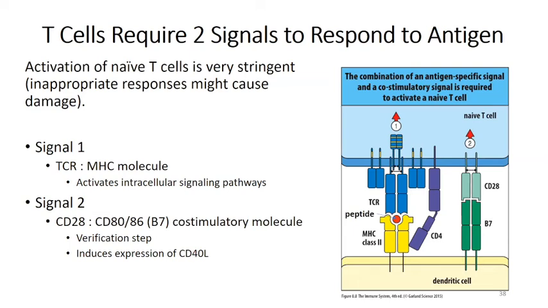One of the consequences of that is that the T cell starts to produce CD40 ligand. It's a very important molecule. Signal 1 and signal 2 together give T cell activation.